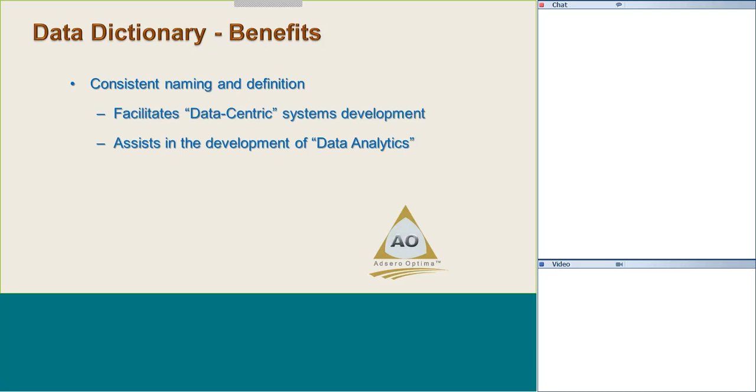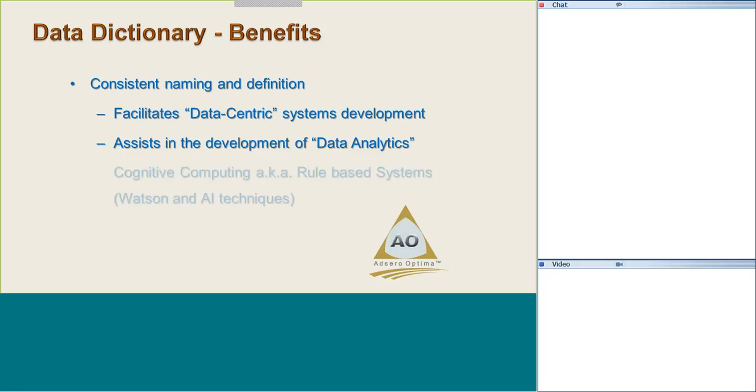It helps, as I've mentioned, with data analytics because one single field defines that data element across the entire database. It also makes it much easier to analyze your database, look for commonalities, and so on and so forth.